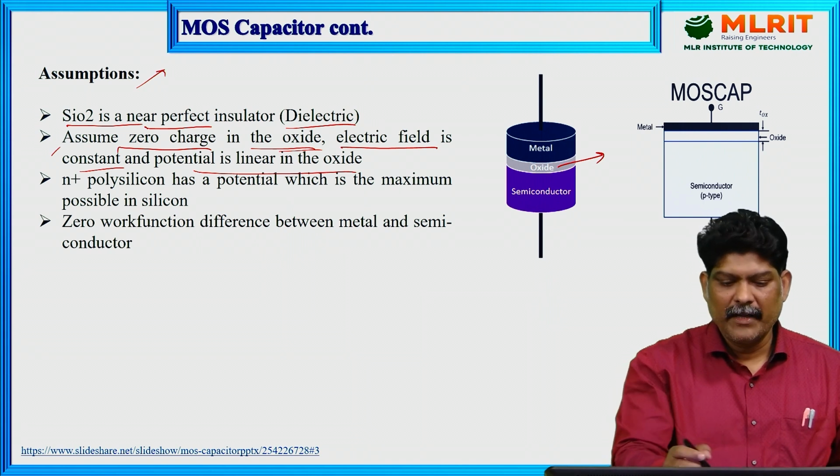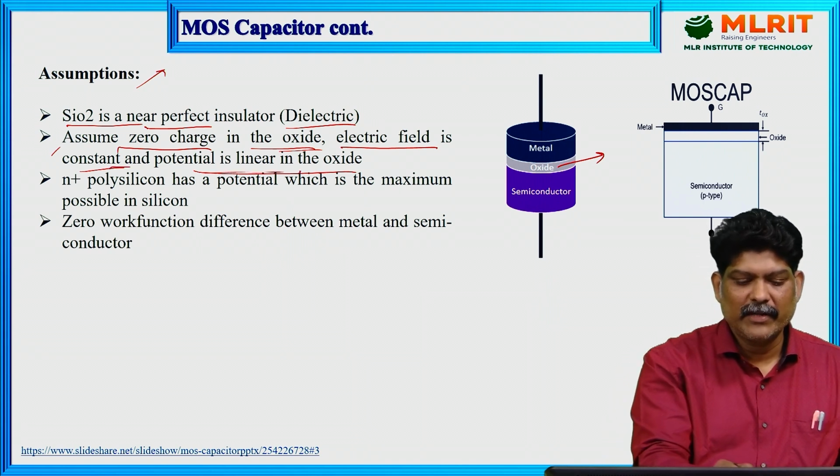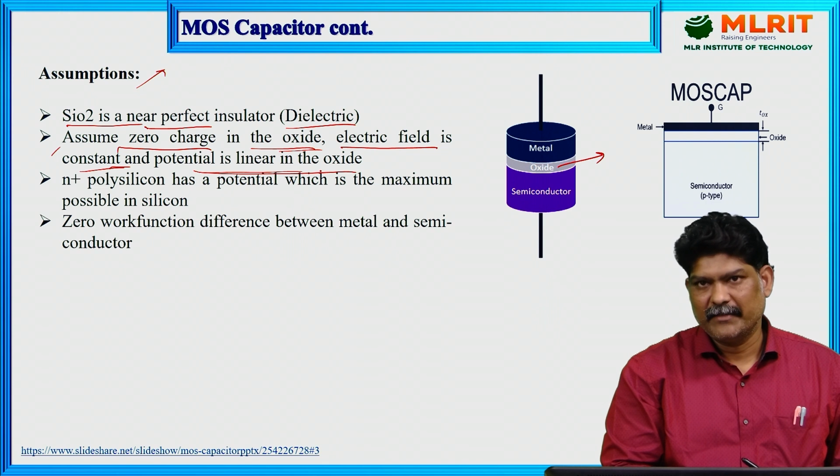Third, the electric field is constant and the potential is linear in the oxide layer.